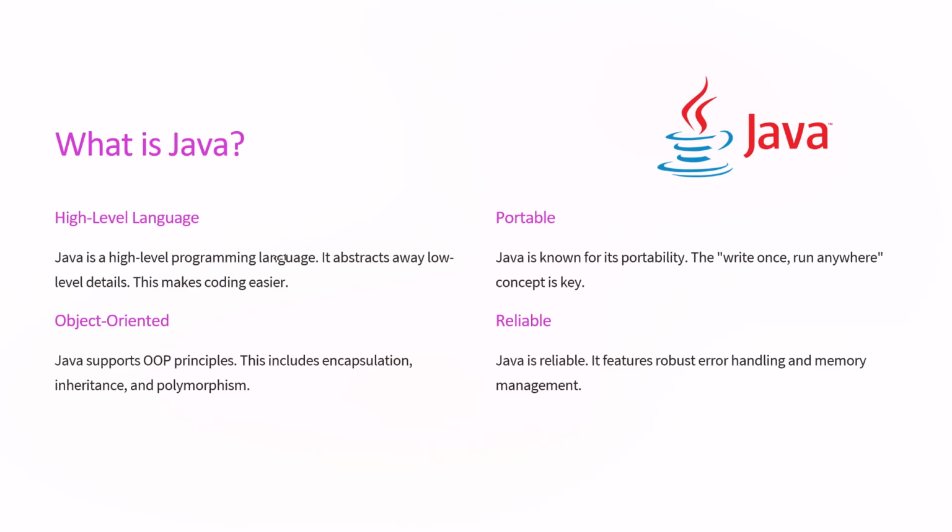It includes concepts like encapsulation, inheritance, and polymorphism as well. You shouldn't be swayed by some of these humongous terms. We are going to touch on them as we progress, so don't be frightened.